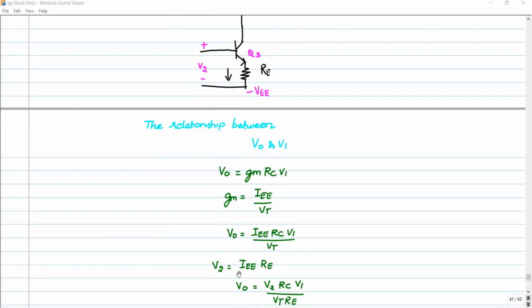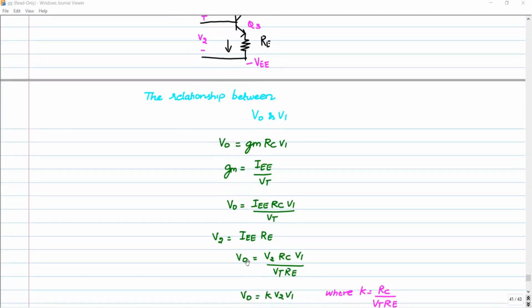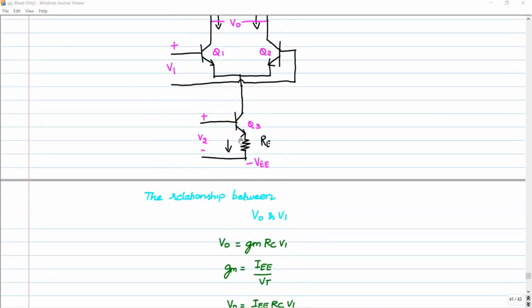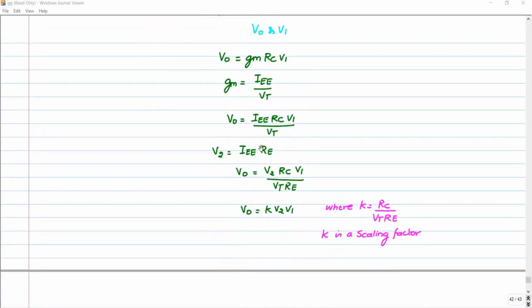We know that V2 is equal to IE RE, where IE is the emitter current. So I substitute IE is equal to V2 divided by RE. So V0 becomes V2 RC V1 divided by Vt RE.